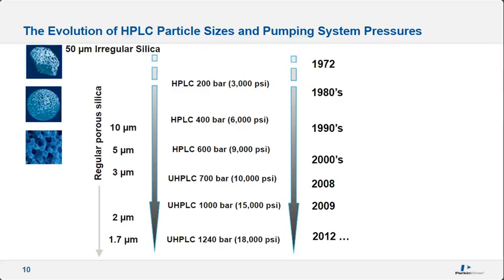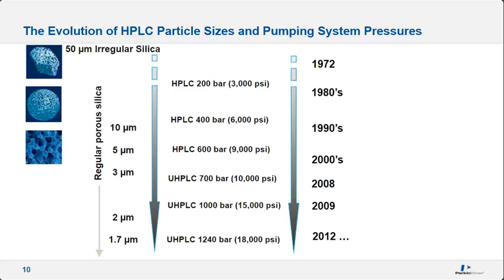But as silica technology and column technology improved, the particle size was reduced, and we can see that in the late 80s, particles had gone down to 10 micron from the 50 micron, but we required HPLC to operate at a higher pressure, in this case up to 400 bar or 6,000 psi.